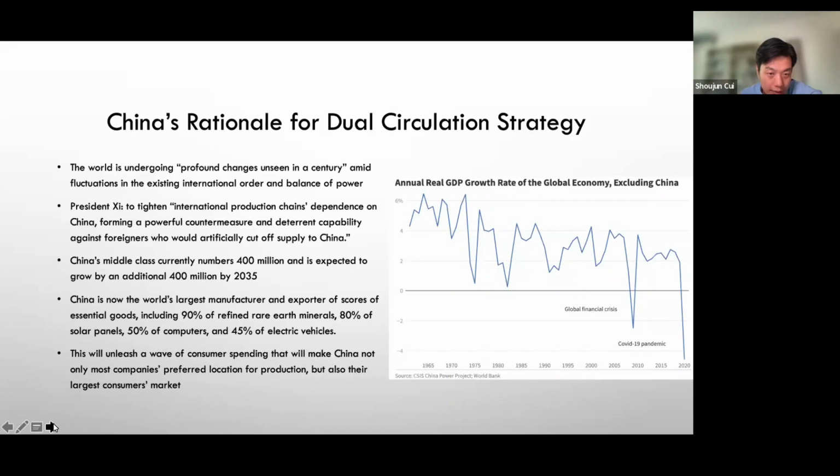China's middle class currently numbers 400 million, and is expected to grow by an additional 400 million by 2030. The size of the middle class will double. If you combine the EU and the US population together, I think that is almost 1 billion. Yeah, it's around 1 billion.